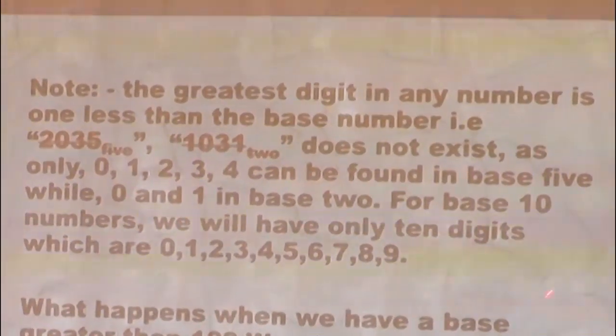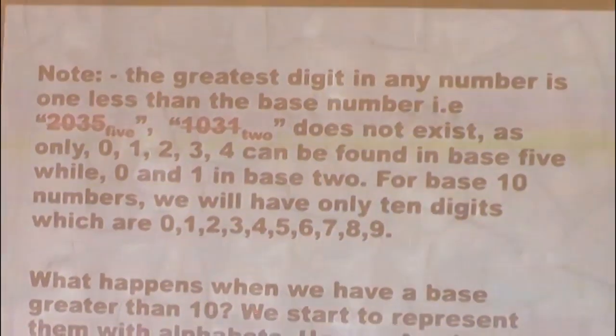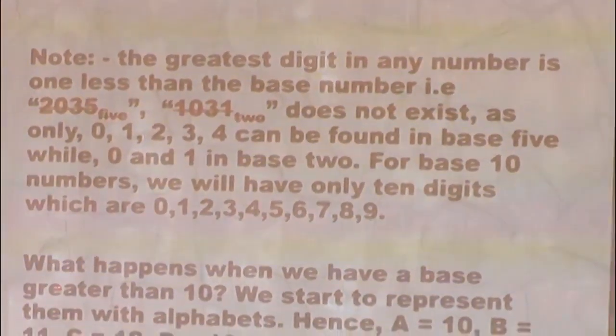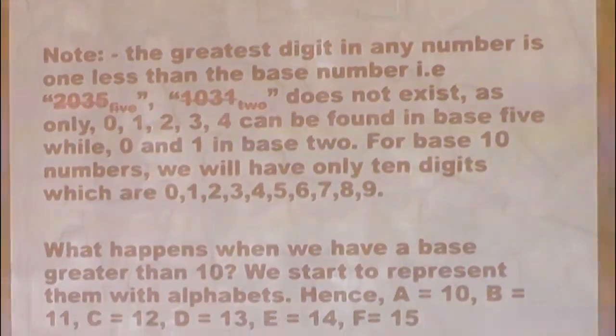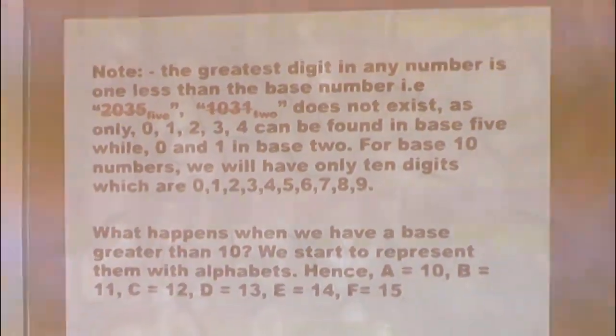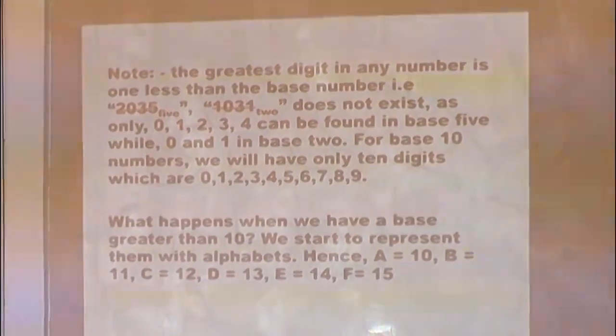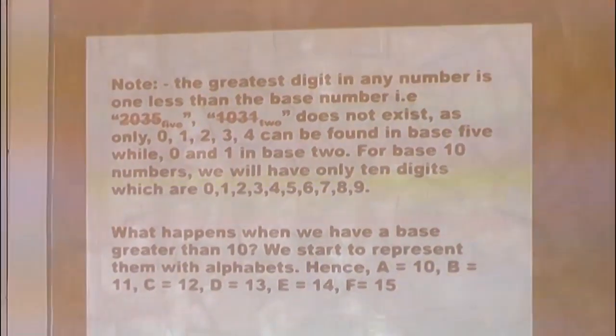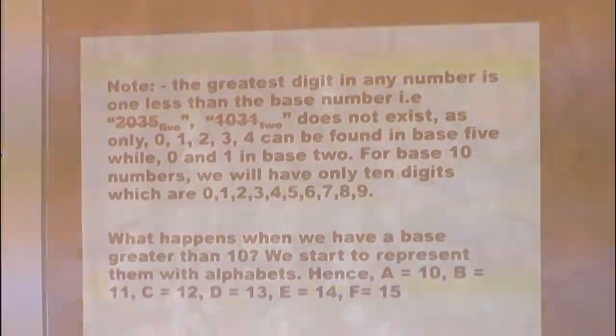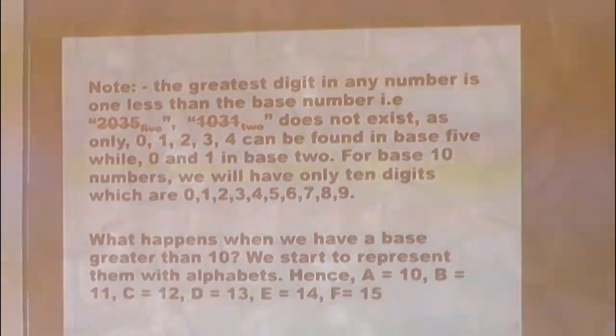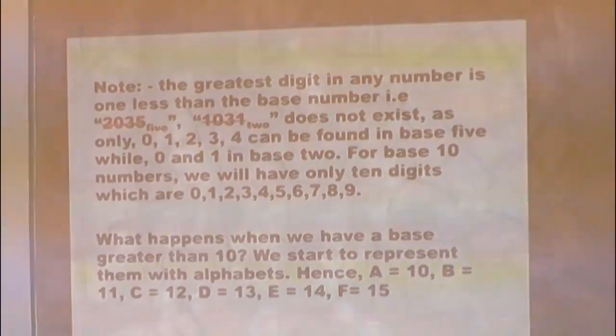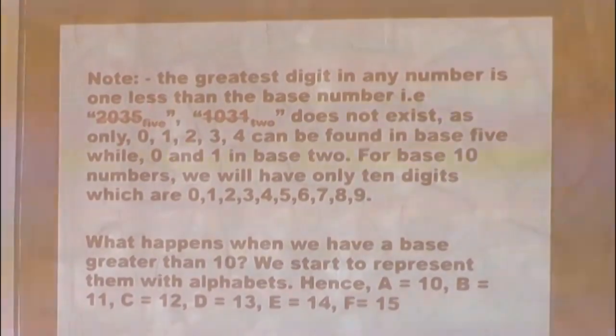In base 10. Now, we ask the question, what happens when we have a base greater than 10? What do we do when we have a base greater than 10? That is, maybe when we have to work in base 11, base 12, base 13. What happens? Because in this case, this will be read as 2035.